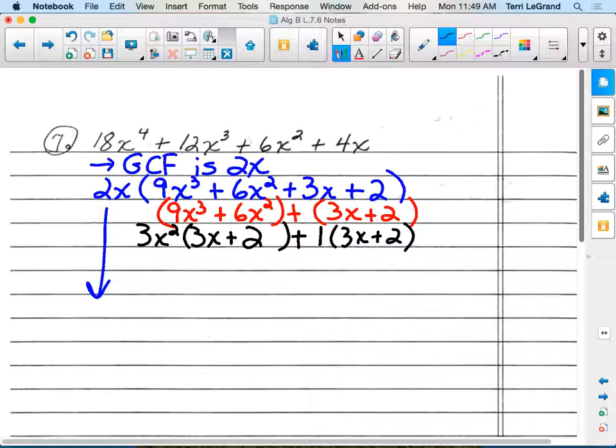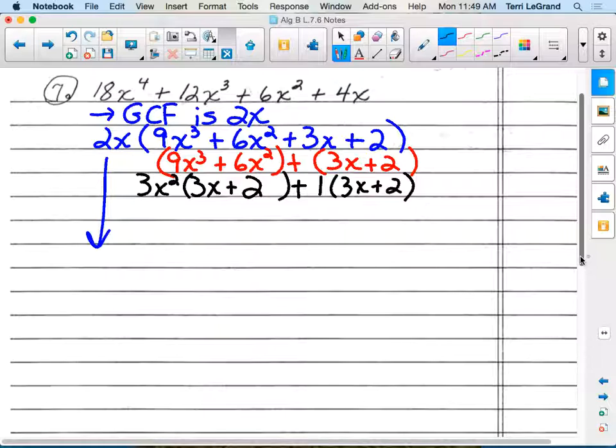Okay, what is the factored name for this one now, Claren? 2x parentheses 3x squared plus 1. No, I don't want to talk about that. I'm still finishing my factoring by grouping. I just want the factored name for the 4-term group, this one. 3x squared plus 1 times 3x plus 2.